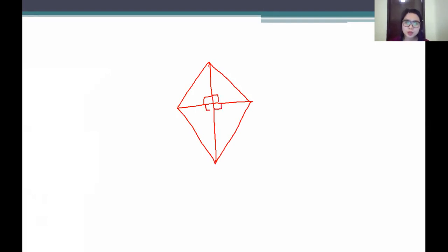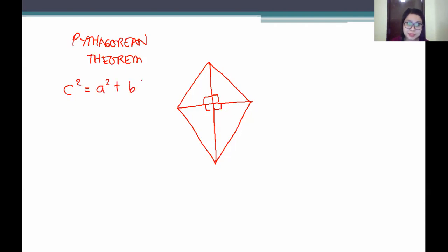So with that one, we can use the formula for the Pythagorean theorem, that is c squared equals a squared plus b squared. Example, if this one is 5 and this one is 12, I need to find the measure of this one, the c.